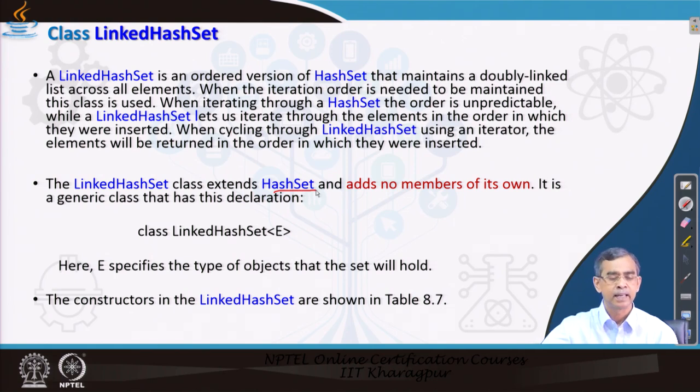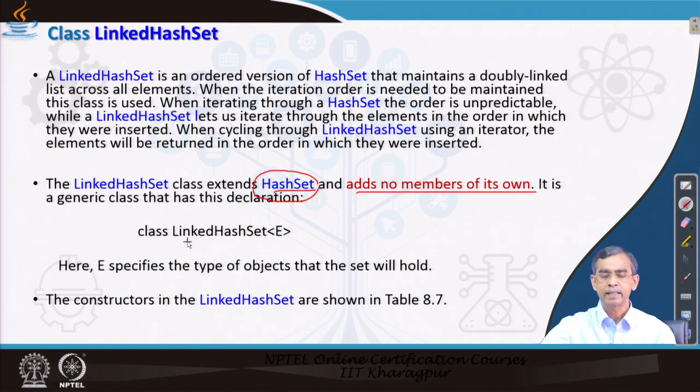HashSet is one class that we have discussed. This is another form, and this linked hash set does not have any member of its own. Whatever methods are there in hash set are basically methods of linked hash set.